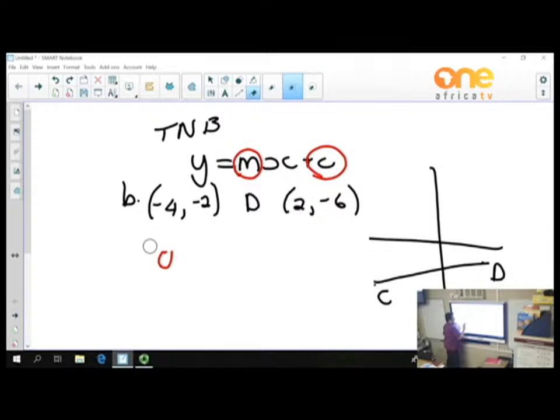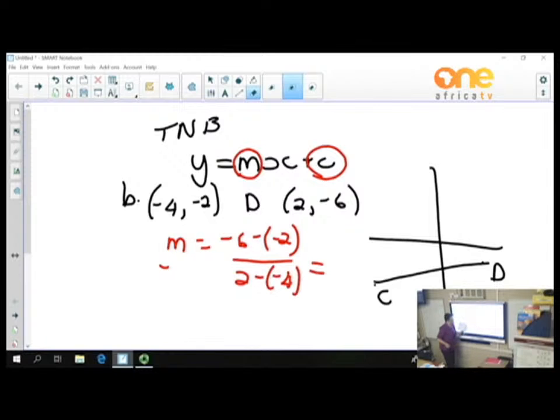Okay, now let's go the long way. So what is m then? (-6 - -2) over (2 - -4). So -6 plus 2 is -4, and 2 plus 4 is 6. So it is -2/3.